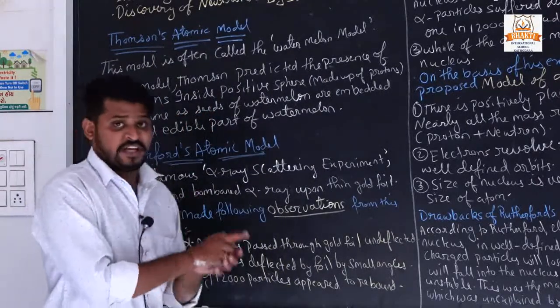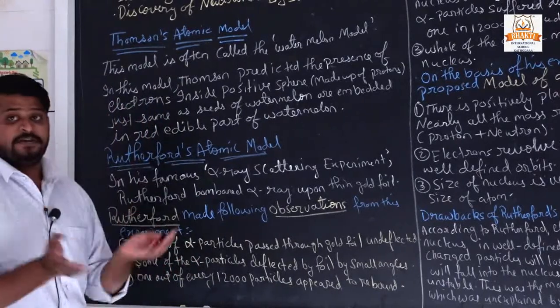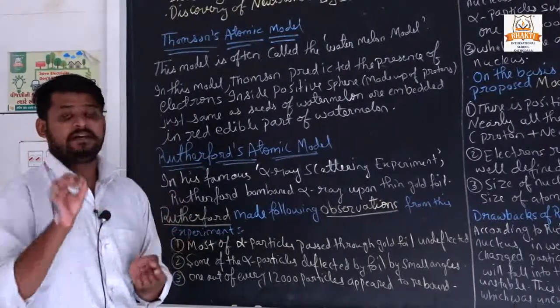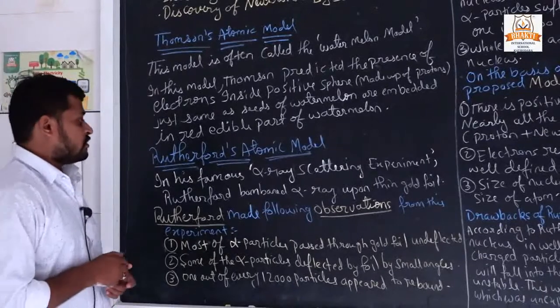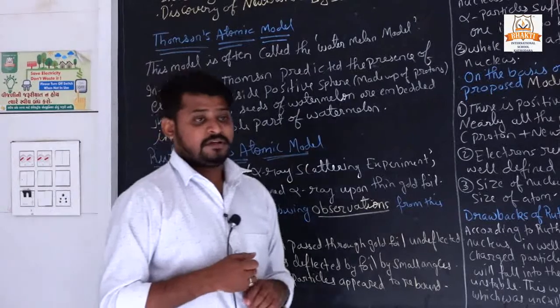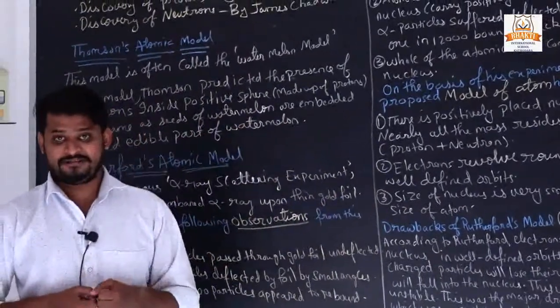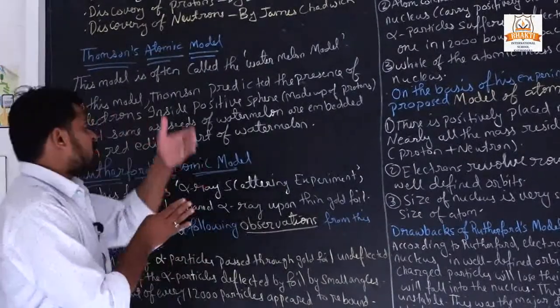So Thomson predicted that the whole sphere is positive, and electrons are embedded in it at some places like that.